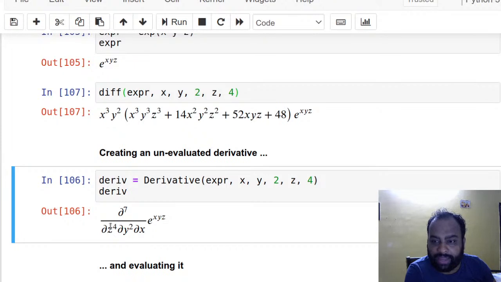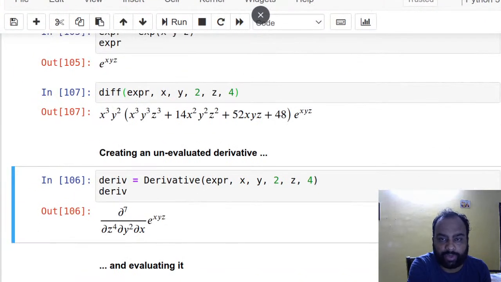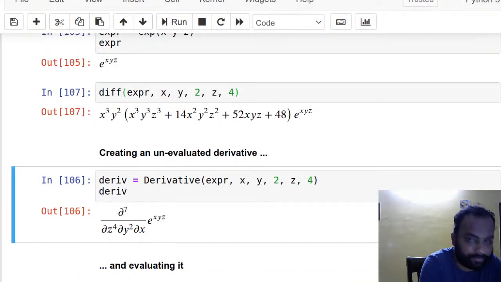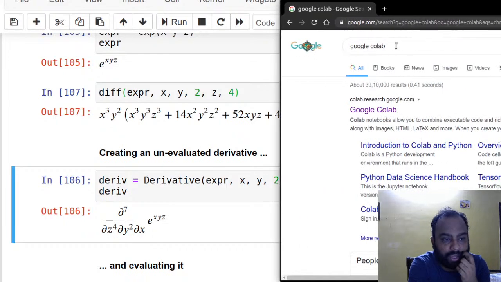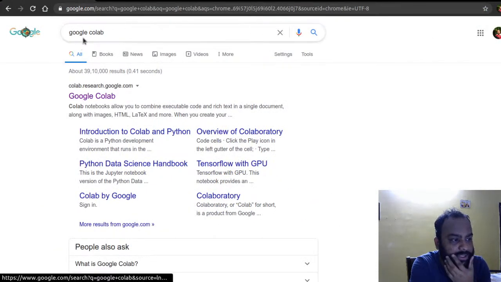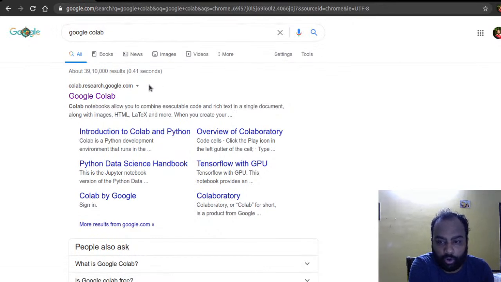Someone is asking which version of Python I am using right now. I am currently using Python 3.8, but you don't have to. You can use Google Colab. Let me show you. Just search for Google Colab and follow along with this.